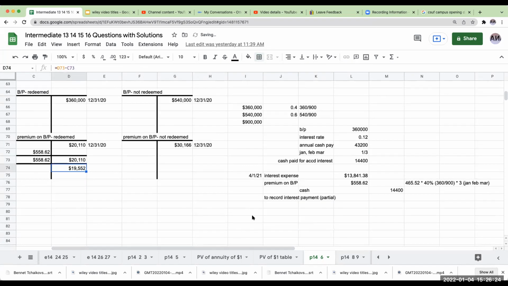When I redeem the bond payable on April 1st, 2021, I have to take the bond payable off of my books. So this is going to be $360,000. I also have to remove the premium on bond payable and take that off my books as well, or $19,552, because these are both now going down to 0.